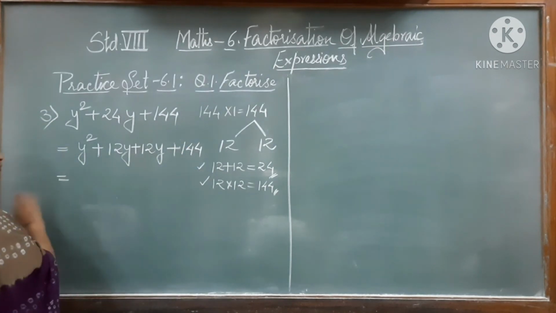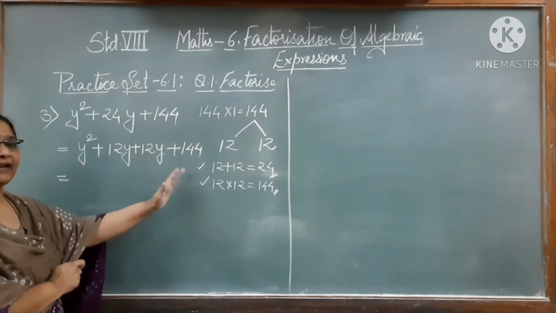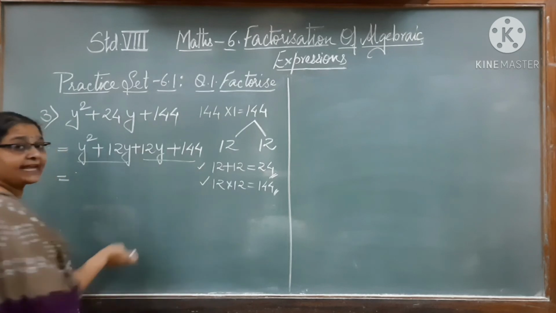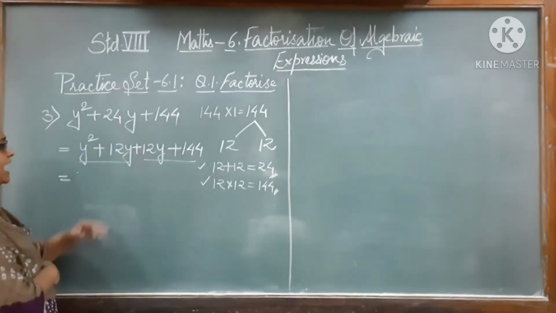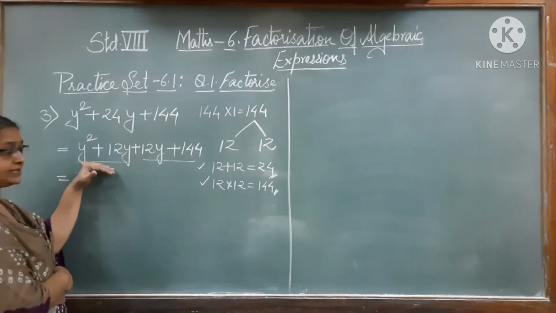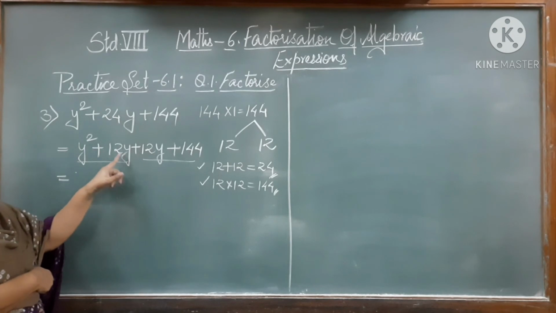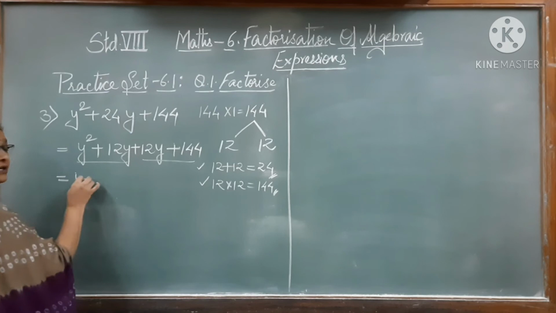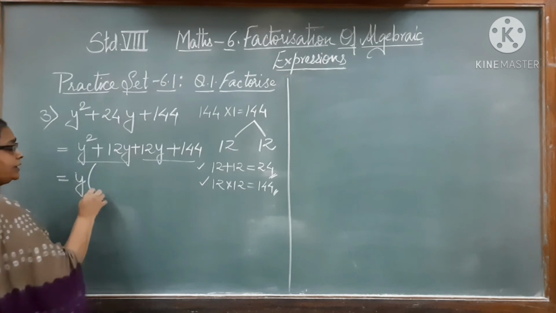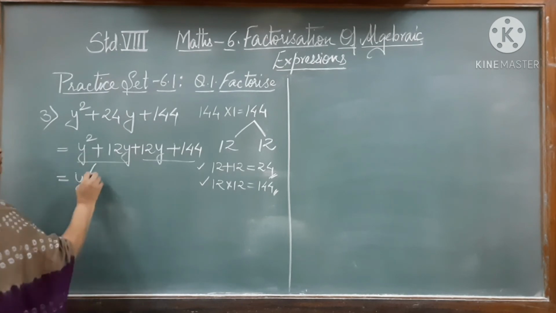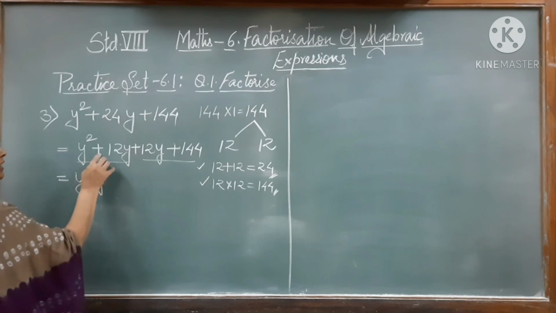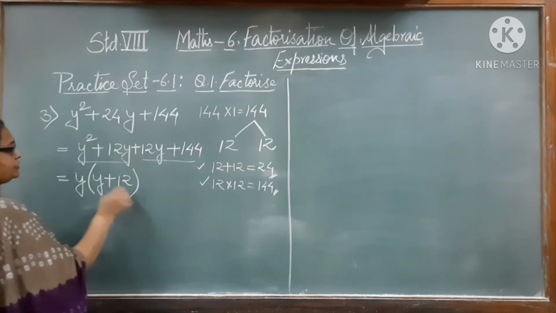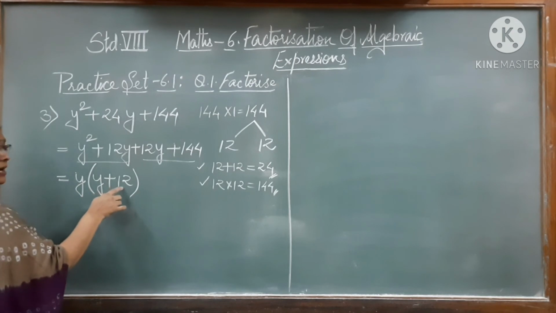Now we are doing it directly. Let me take the first two terms and the second two terms as two groups and then start finding the factors. So y squared plus 12y, let me take the common term. The common term is y. Open the bracket: y into y is y squared, so y plus 12. So y into y plus 12.